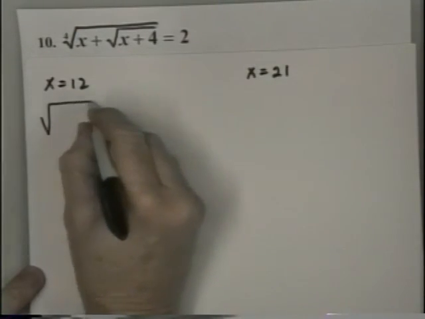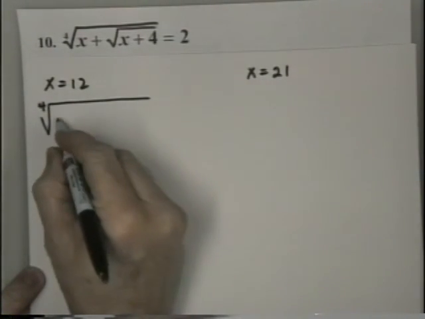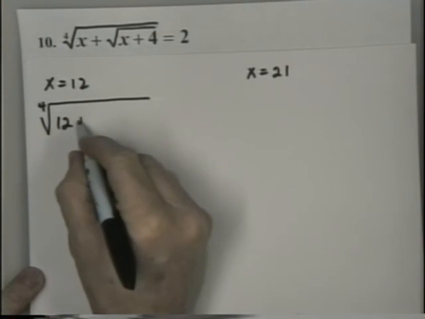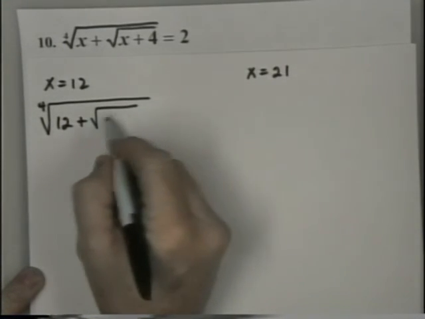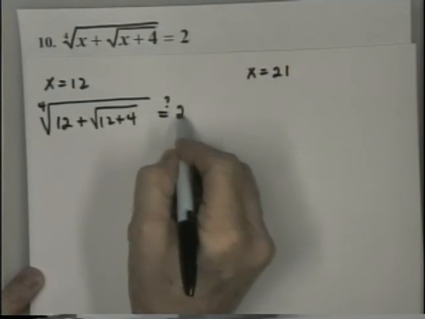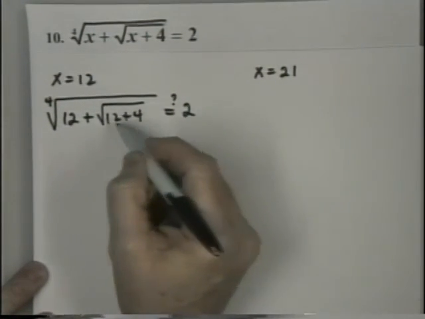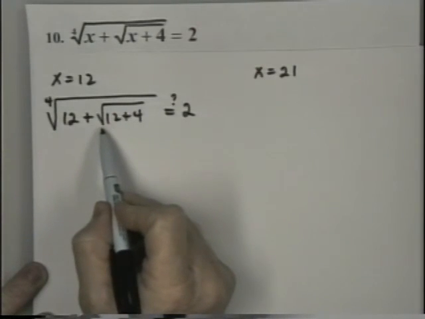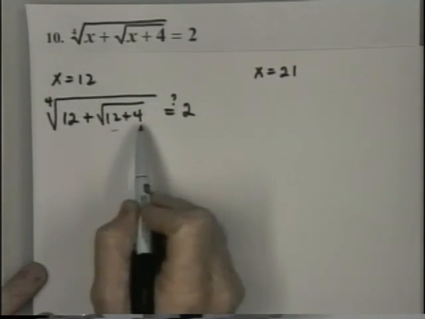The fourth root of 12, wherever you have x, you're going to put 12, plus the square root of 12 plus 4. Is that equal to 2? We'll work inside, do the inner radical first.